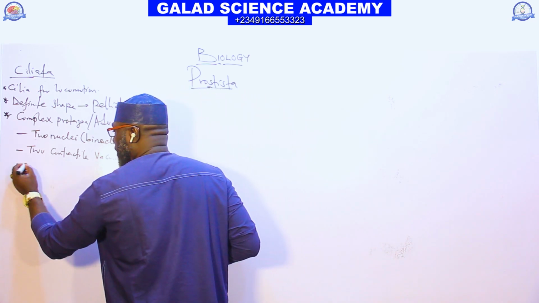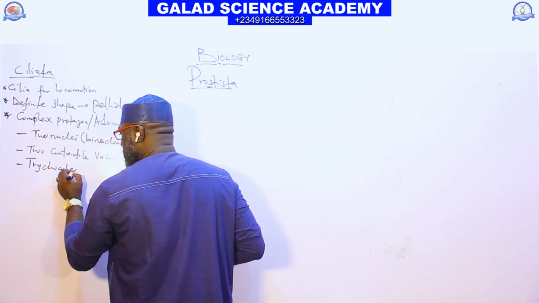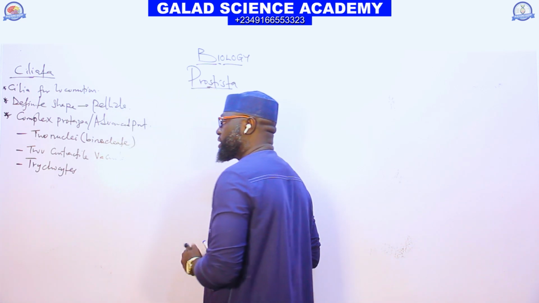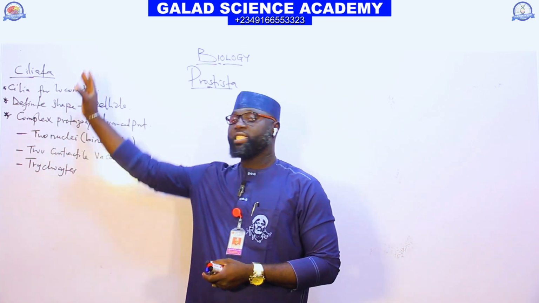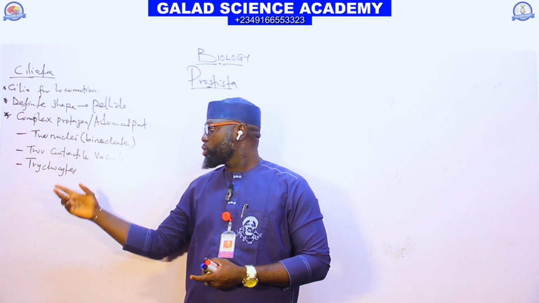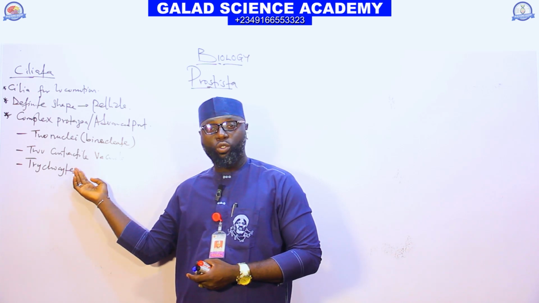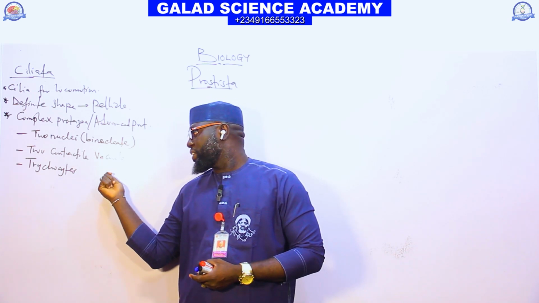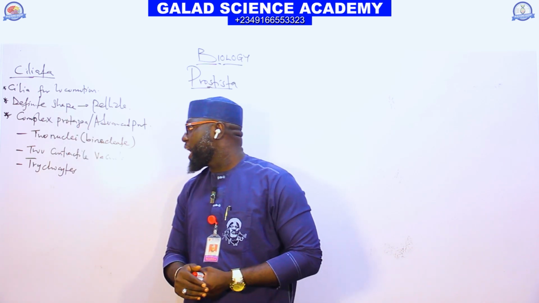The next one is that they have trichocysts. The presence of trichocysts in ciliates makes them more advanced than other protozoa. The trichocyst is used for offense and defense, and also for anchorage.